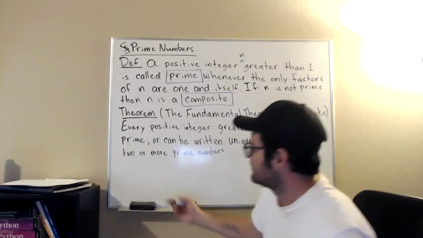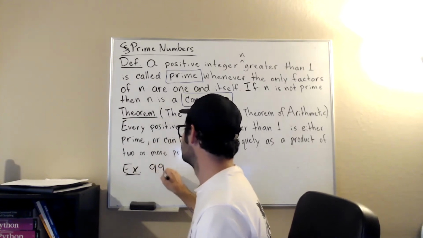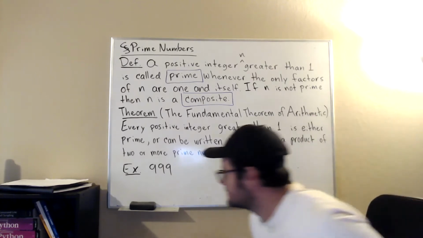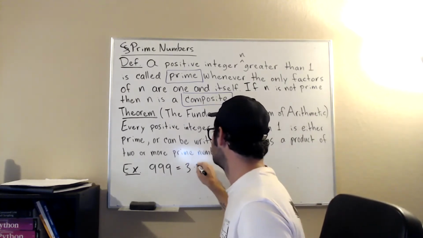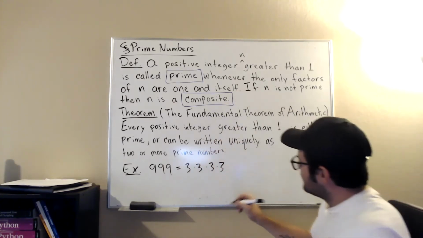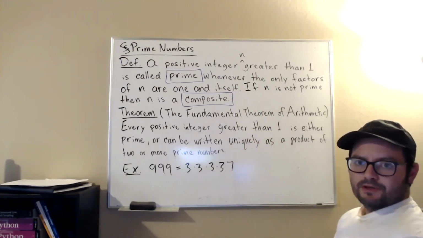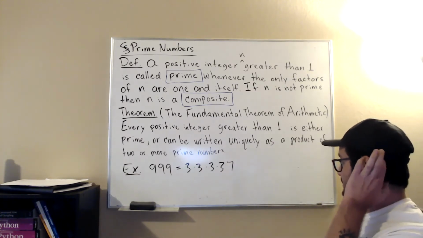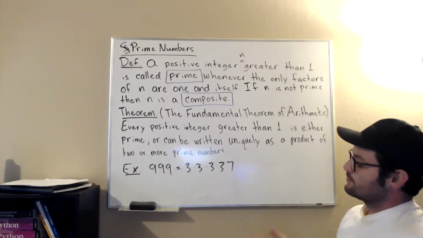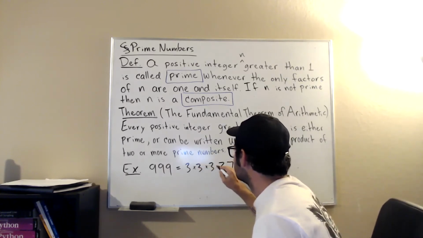So, for example, maybe consider the composite 999. This can be written as 3 times 3 times 3 times 37. It's a nice property about positive integers: if you're not prime, you can be written uniquely as a product of prime numbers.